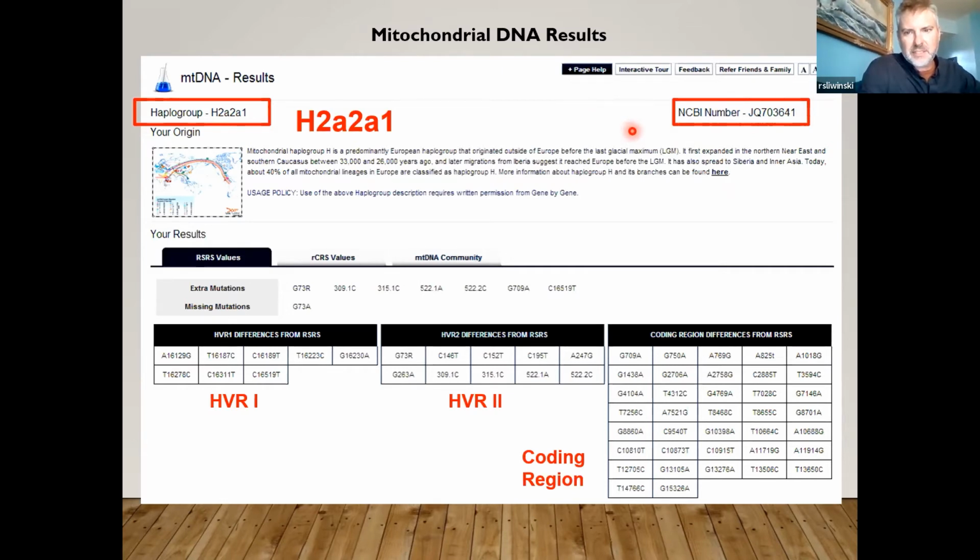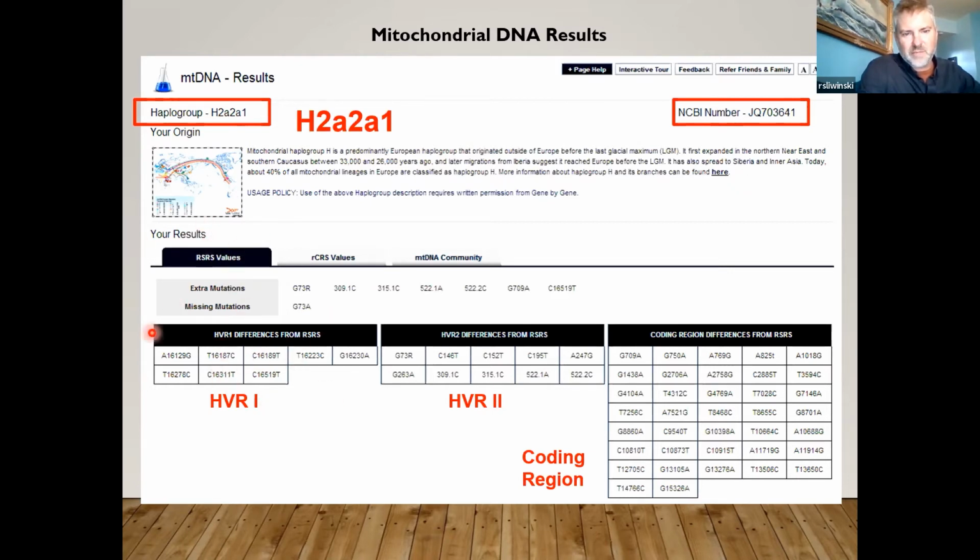And that has been used in the creation of the RS values. These are a more recent value system that they now compare all other maternal lines to. So they use my mtDNA in part of that study to come up with this new system to compare people all globally.